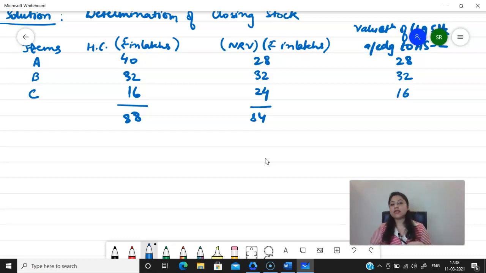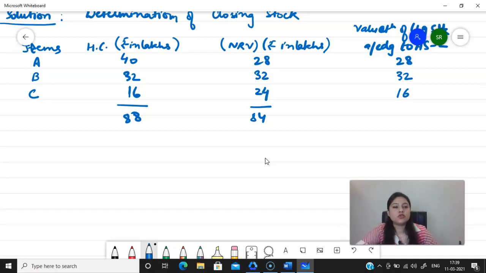No, since it has been mentioned in the question that all these three items are neither similar nor interchangeable, we would be determining the closing stock item by item, comparing the historical cost and the NRV of the particular item.